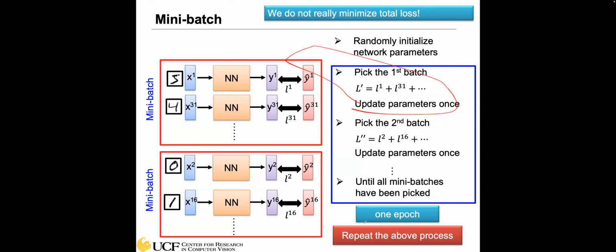Okay, and once you complete this one epoch, you can repeat the same process. You start from the beginning and do this again. Typically for model training, let's say for ImageNet classification, ImageNet is a pretty large data set, you can do maybe 100 epochs, or some people train longer, like 200 or 300 epochs even.